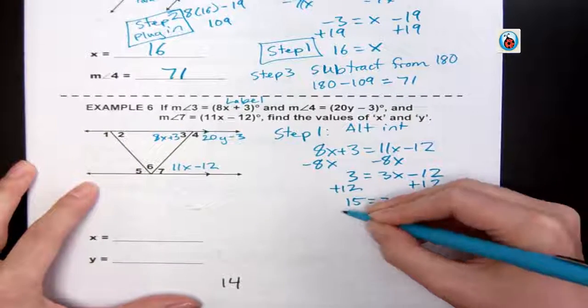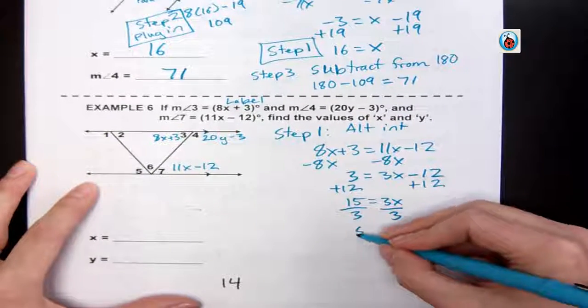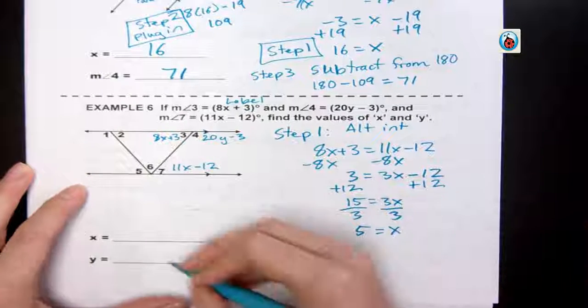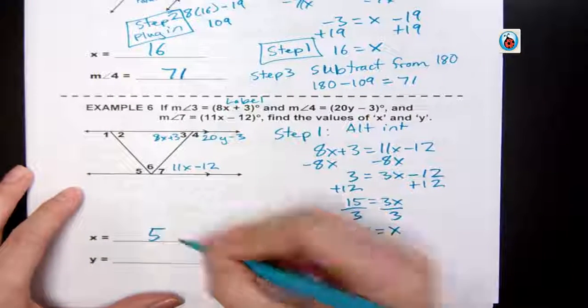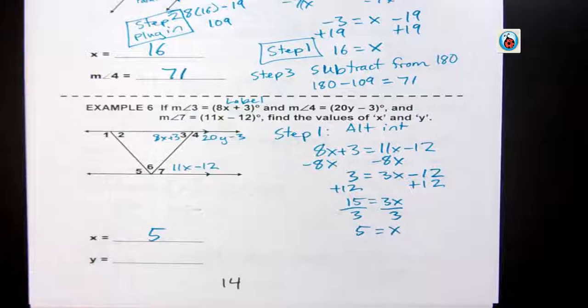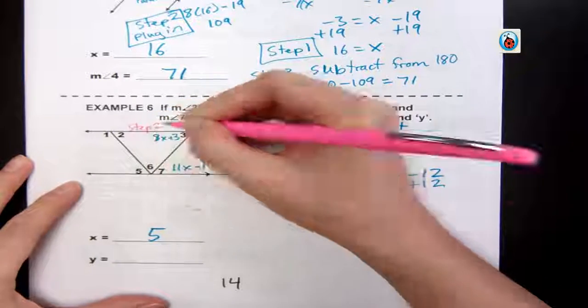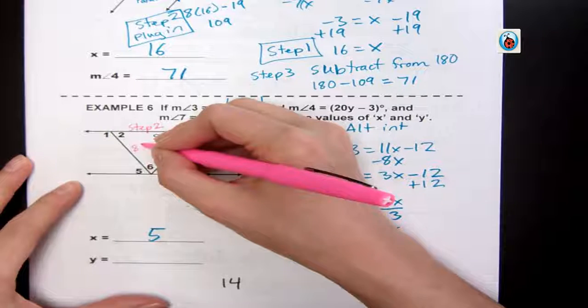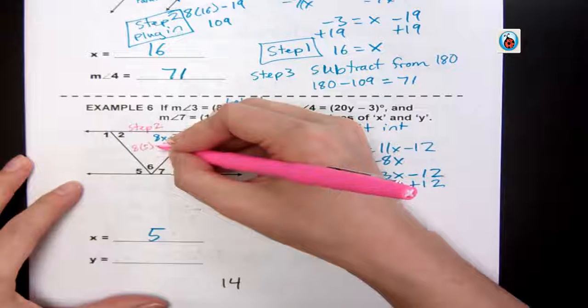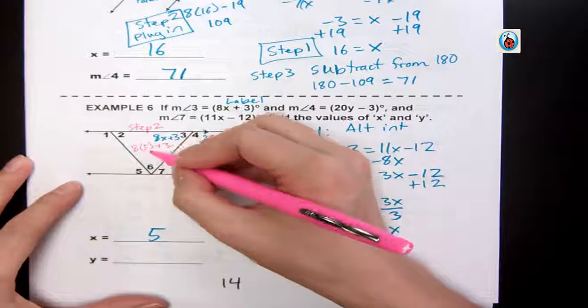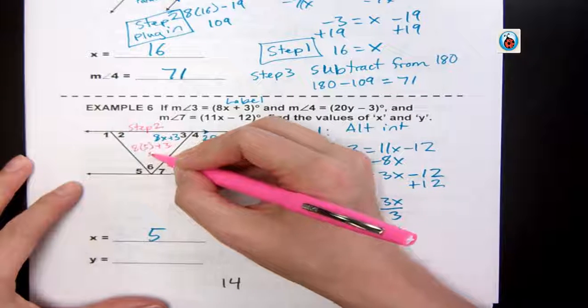And then I divide by 3 to get x equals 5. Alright, and then my step 2 is going to be to plug it in. So do 8 times 5 plus 3 to get 43.